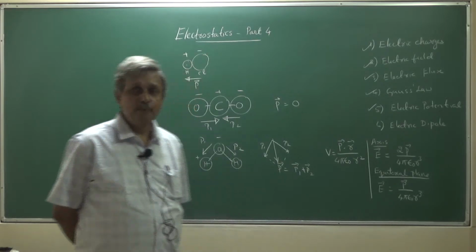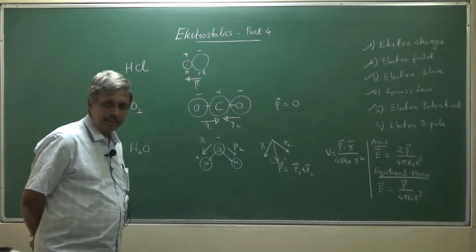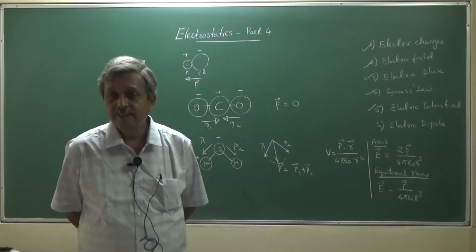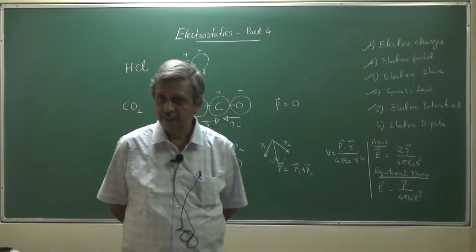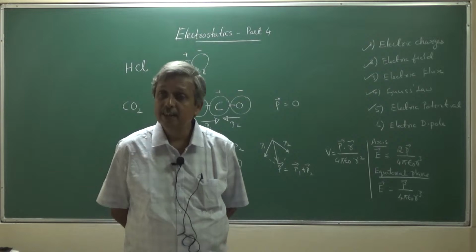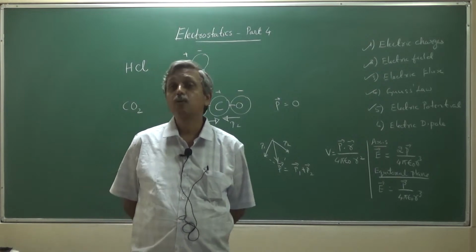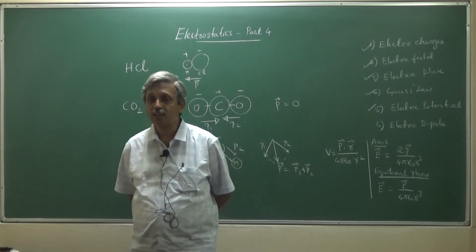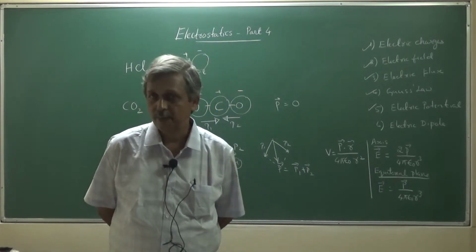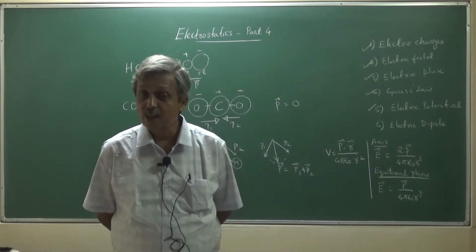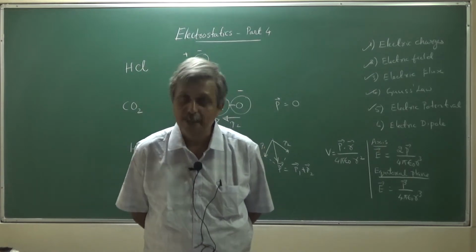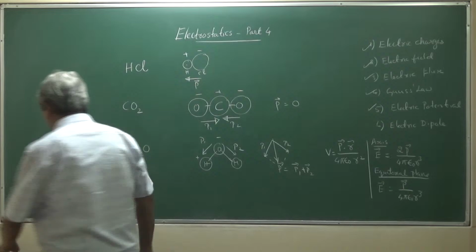So the dipole moment is calculated as charge into the distance between them. Now we will have to calculate the electric field around a dipole. We know the electric field around a single charge, but here we'll try to understand the electric field around a dipole.